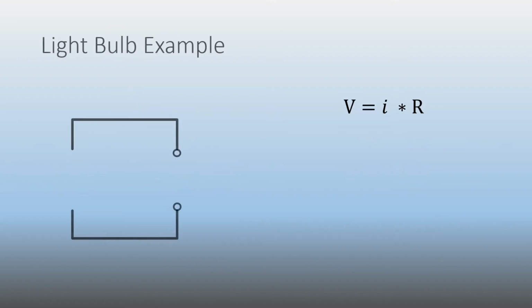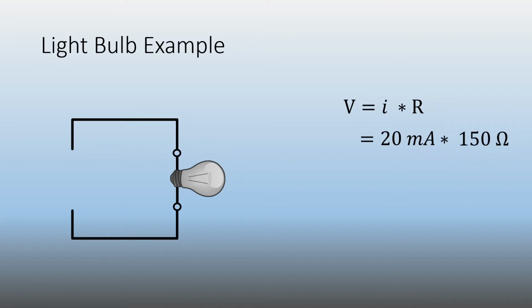All right, let's do another example. Let's say you're working on a little project and you want to make a light work. You read on the back of the light bulb package and it says that this light requires 20 milliamps of current. It also says that this light has 150 ohms of resistance.